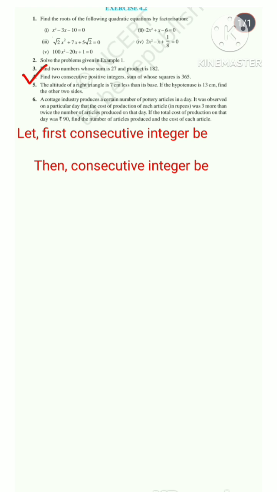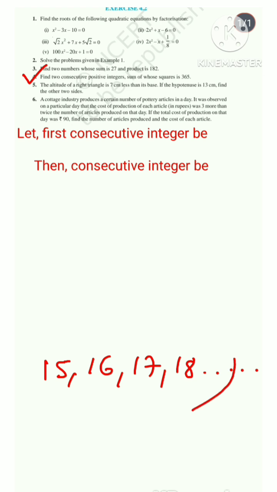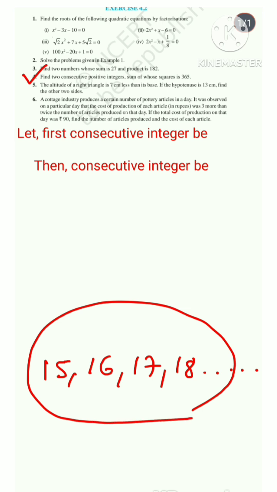Okay, for example, 15, 16, 17, 18, and so on. Here we can see in between each integer there is a difference of 1, 1 and 1. So these all are examples of positive consecutive integers, right?